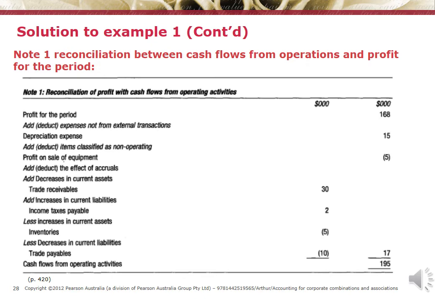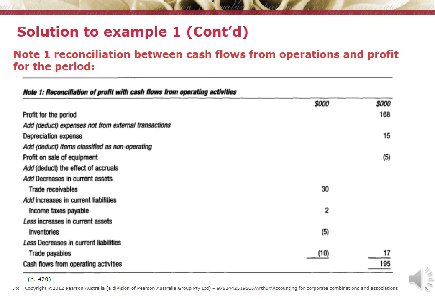So for this example, we added the expenses not from external transactions such as depreciation expense, so that was stated in the question as 15 on slide 22. So we're adding that to the profit for the period, and then we had a profit on sale of equipment of 5,000, so we're going to deduct that from profit.